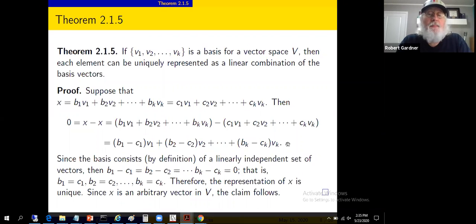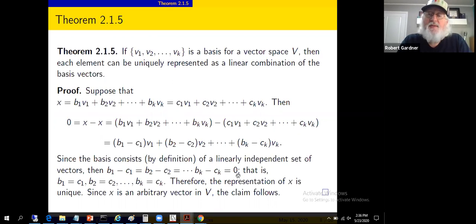Hey, but here we've got a linear combination of v1 through v sub k set equal to the zero vector. But what's a basis? A linearly independent spanning set. Well, if these are linearly independent and we've got a linear combination of them set equal to the zero vector, then each of those coefficients must be the zero scalar. That is b1 minus c1, b2 minus c2, and so forth.